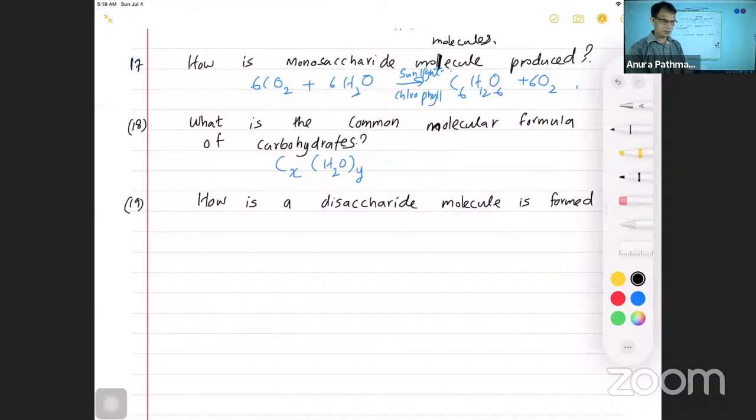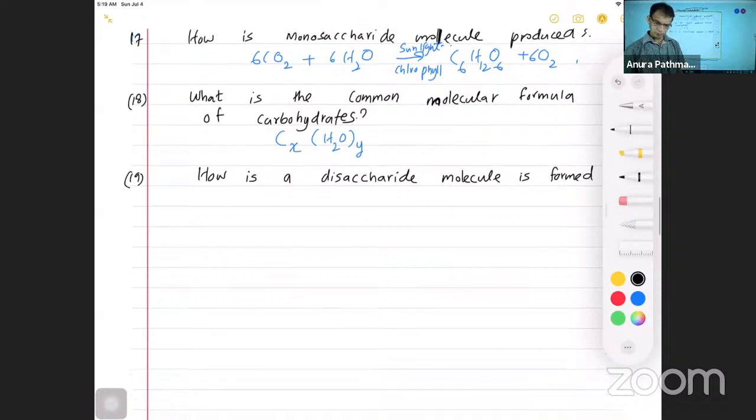Disaccharide molecule is formed how? The answer? Monosaccharide plus monosaccharide would make disaccharide plus a water molecule.